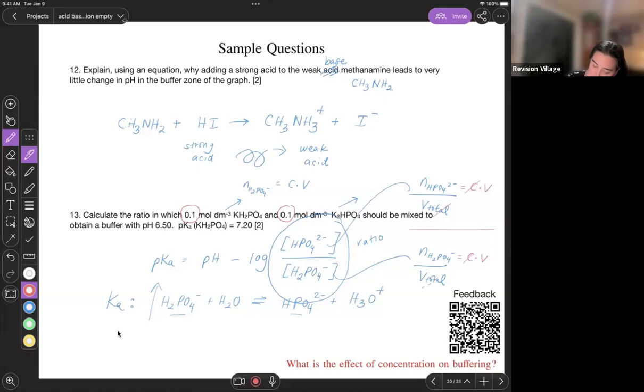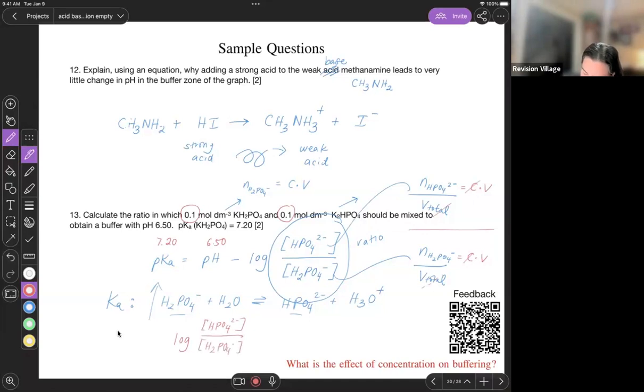So the pKa is 7.2. The pH is 6.5. And I'm going to rearrange this to say that the log of this ratio, which is really a ratio of the volumes of those two solutions I have to use, maybe some of you did this for your IA.